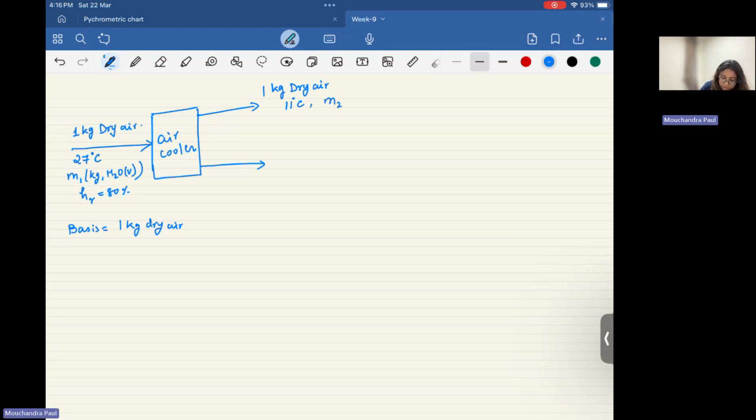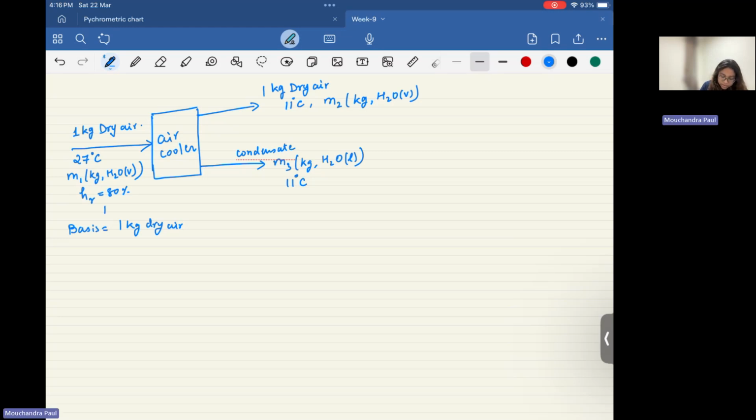Let M2 be the mass of water at 11 degrees Celsius in the vapor phase. And another stream that we are getting is of condensate, whose mass, let's say, is M3. That condensate remains liquid water. All right. And this is also coming out at 11 degree Celsius.